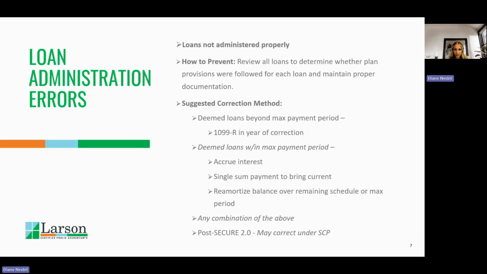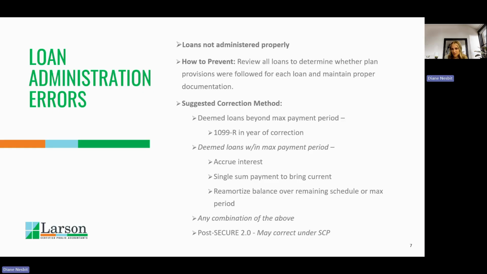So some suggested correction methods for loan administration errors: if there's deemed loans beyond the max payment period, meaning there's no more time for the employee to either pay off the loan, or be able to pay the loan through payroll deductions because it's beyond that date, there needs to be a 1099-R in the year of correction.